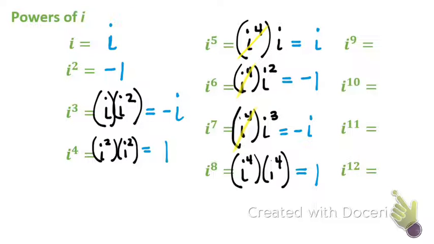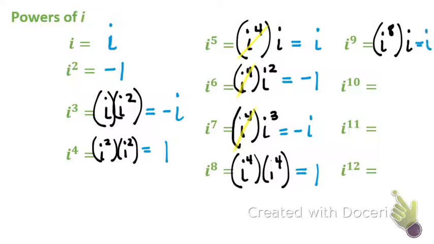i to the ninth is the same as i to the eighth times i. i to the eighth is 1. We already know that because we see it here. So what do you think my first answer is going to be? What is i to the ninth?